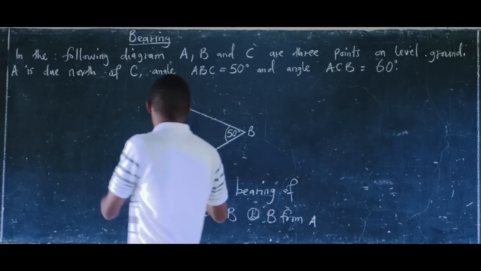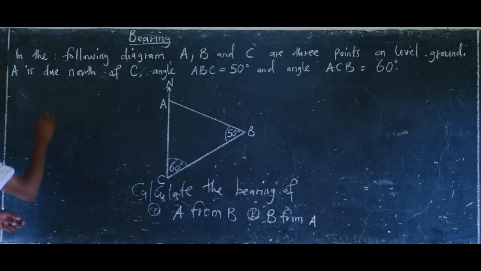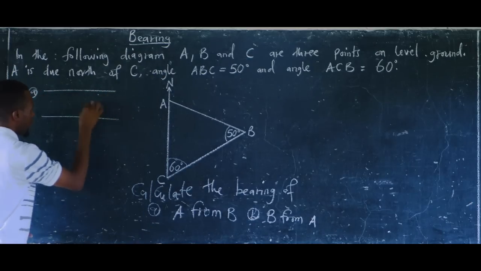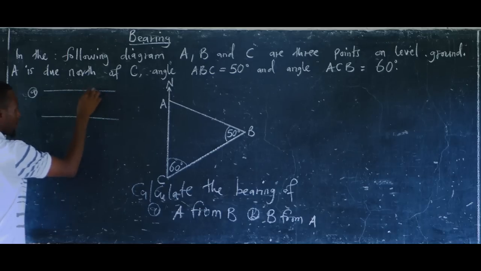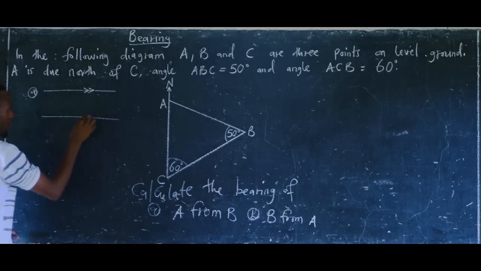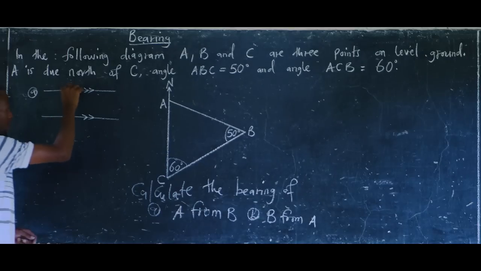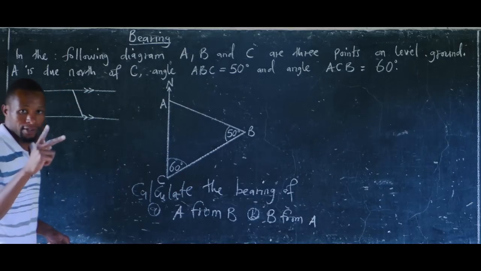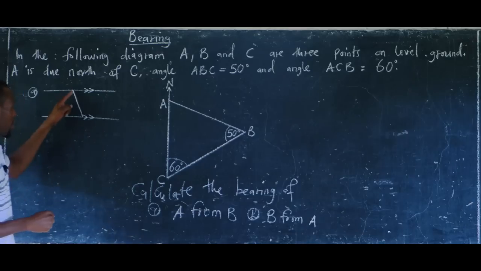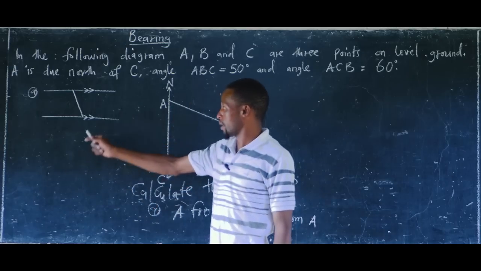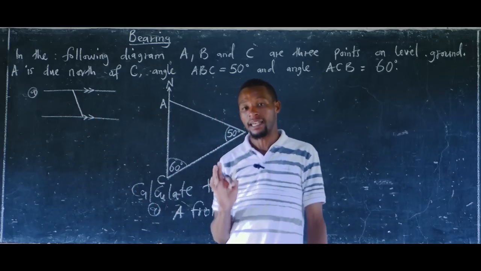Before we come to this question, we have the first concept, about angles. When you have two parallel lines and a transverse line cutting them, the tricky part is that the alternate angles are equal.